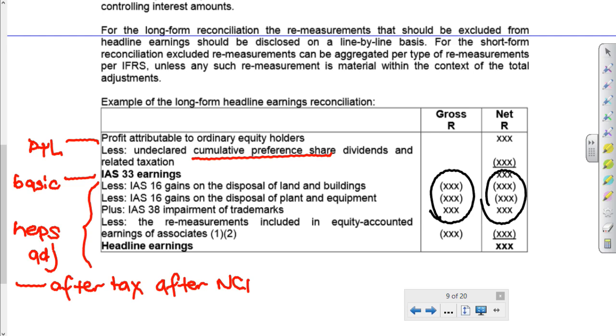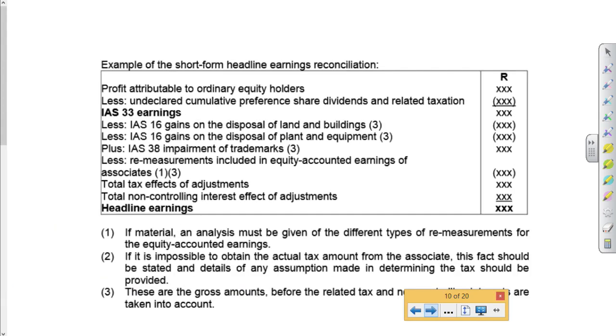And let's look at the types of things that they've put in here. Gains on disposal of land and buildings, gains on disposal of PPE, impairment of trademarks, remeasurement of associates, headline earnings. Yeah. If you look at short form, it's basically the same information, but they put the tax in as one line.